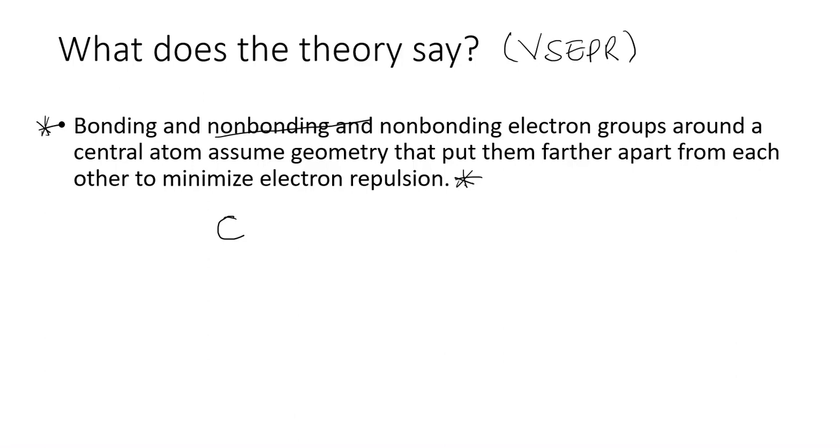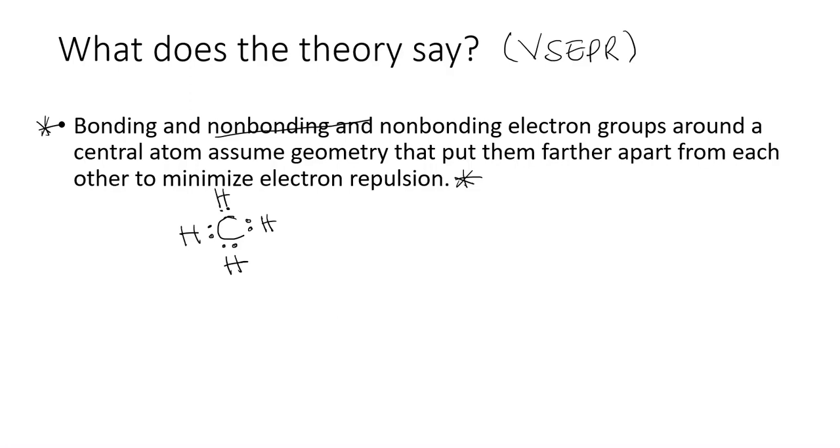So for carbon, we may have one electron group here, another electron group here, a third electron group here, a fourth electron group here, all these groups forming a chemical bond.